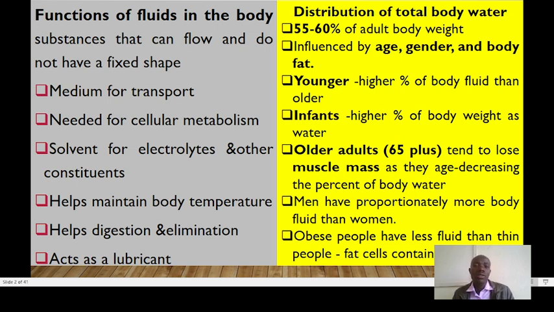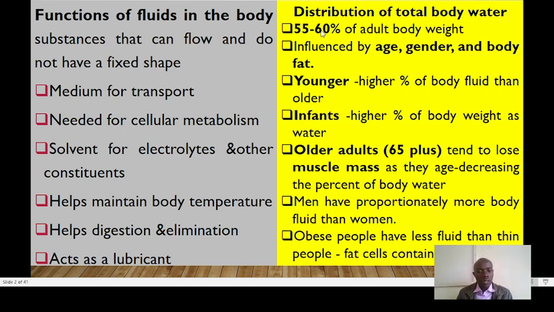And this can also be shown in terms of body composition. 55% of the total body weight of females will be water, while 60% of the total body weight of males will be water. You can see that difference of about 5%. In terms of gender, men have proportionally more body fluid than women.